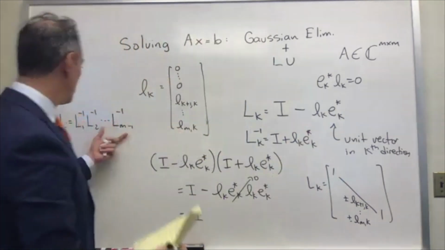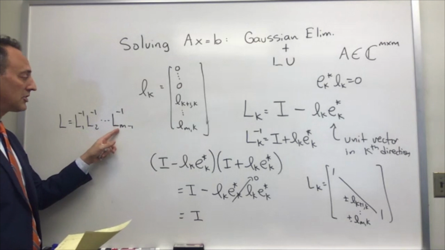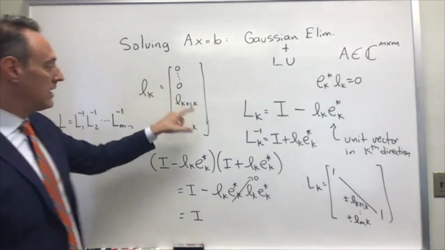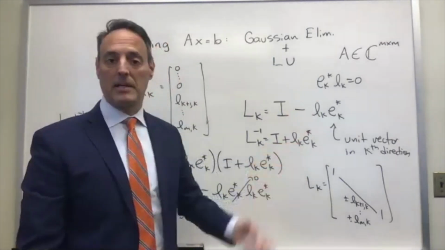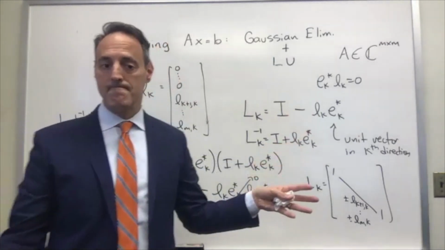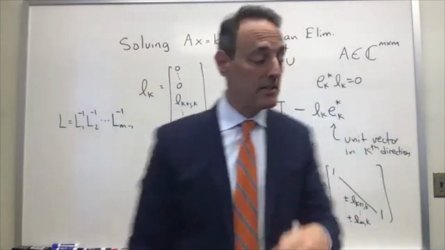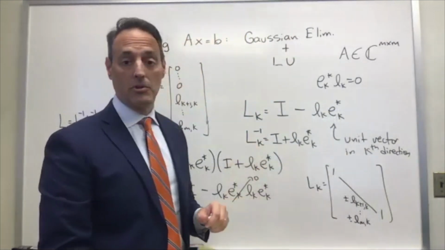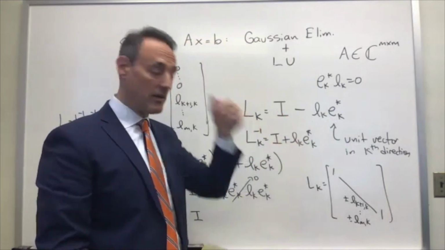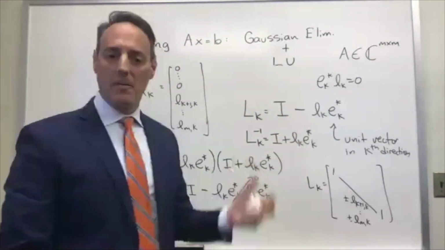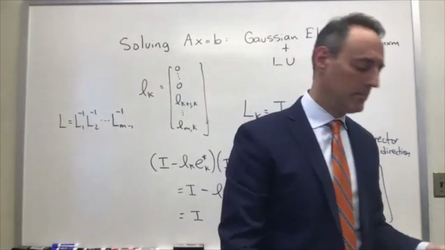So these inverses are actually trivial. All you have to do is flip the sign. There was a negative sign here, make it a plus sign. That's it. That's very nice because this is still lower triangular. That's lower triangular, that's lower triangular. The inverse is very easy to compute, and it was partly constructed that way so that it would be easy to compute.